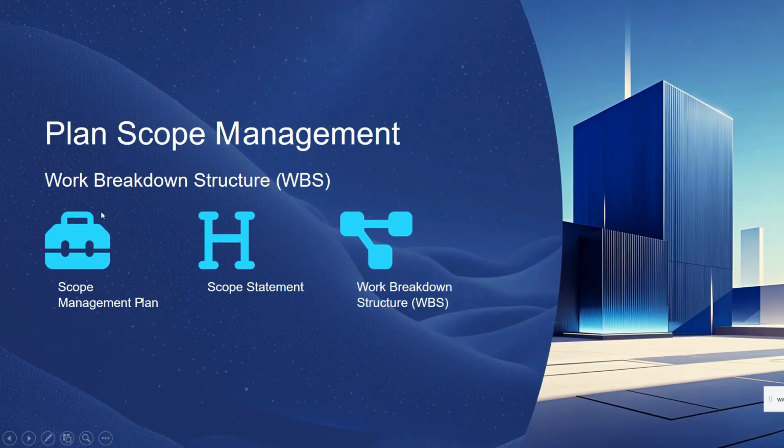Here you can see we have the plan scope management. So here we have the key outputs of the plan scope management. Number one, you can see we have here the scope management plan. The scope management plan outlines the procedure for managing scope changes and controlling scope creep throughout the project life cycle.